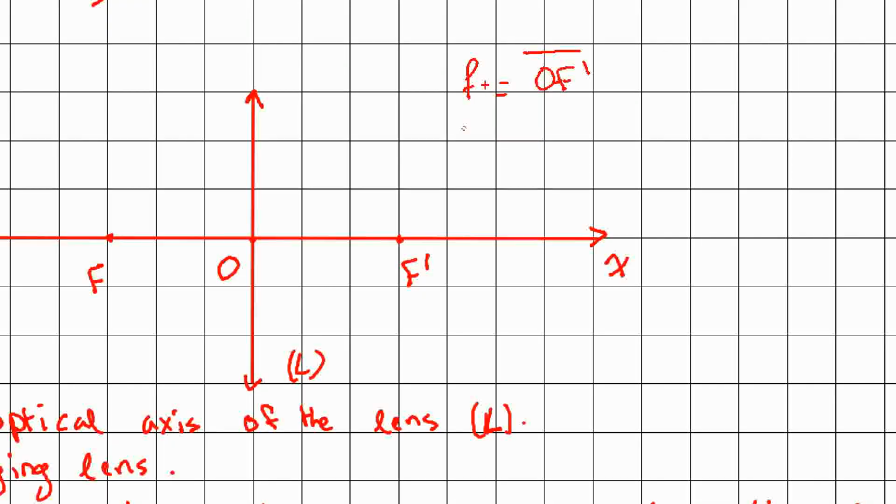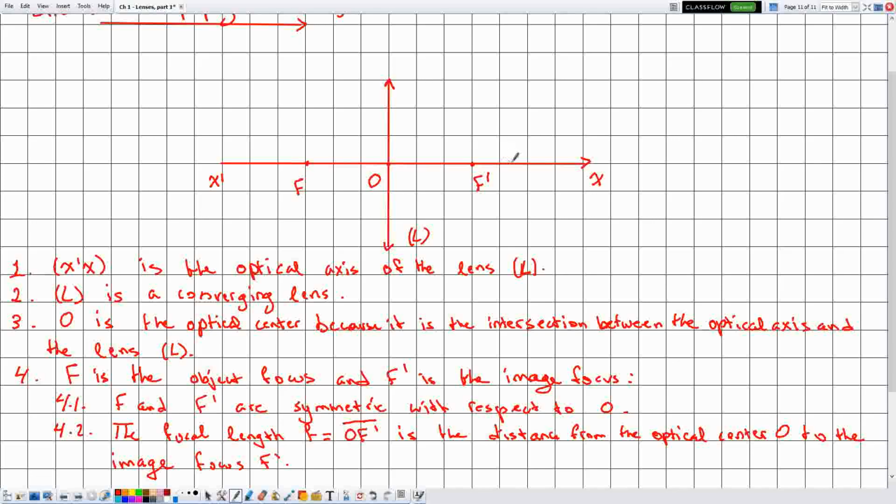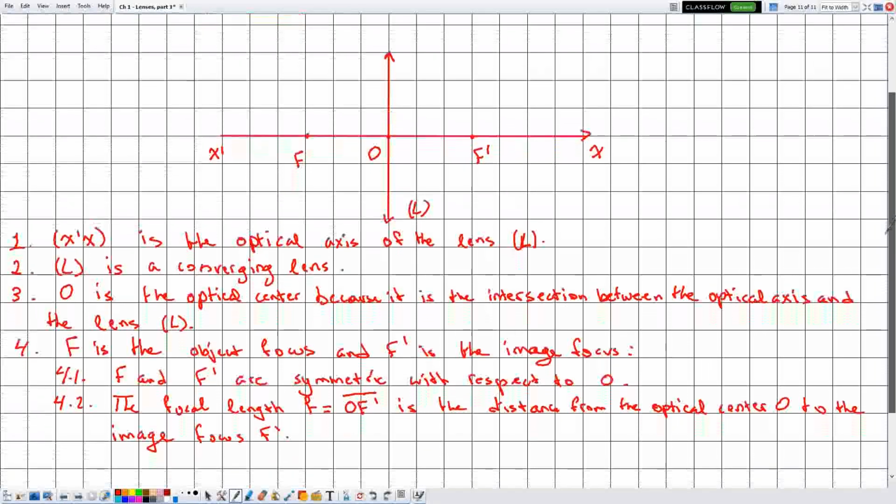Here f, the focal length, is equal to OF prime bar, which is the distance from the optical center to the image focus, which is in the same direction as the positive x-axis. Because it is in the same direction as the positive x-axis, the focal length is positive, and this is another property of a converging lens.